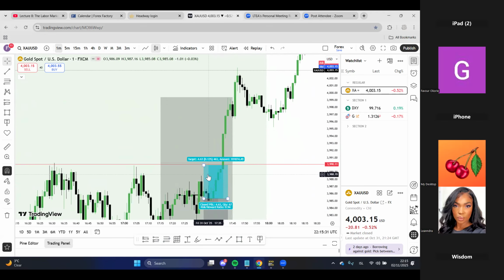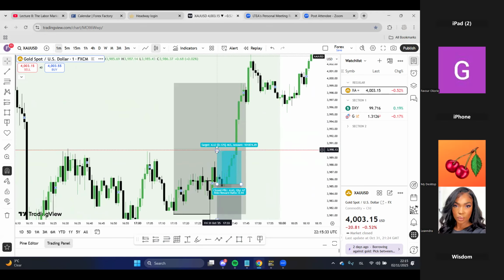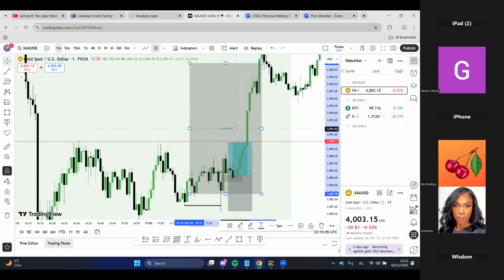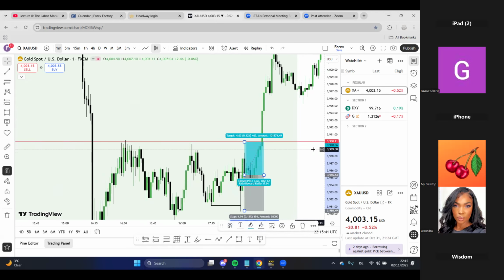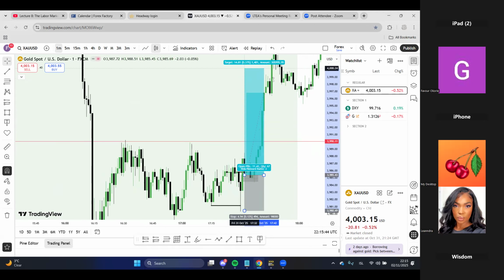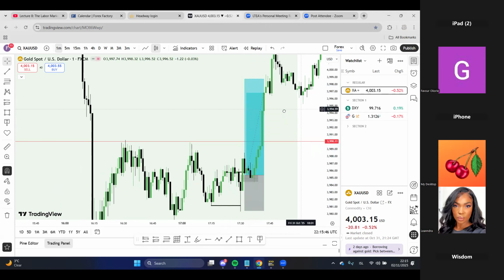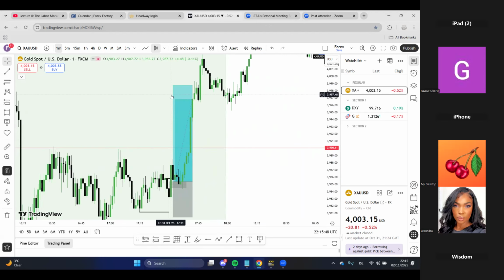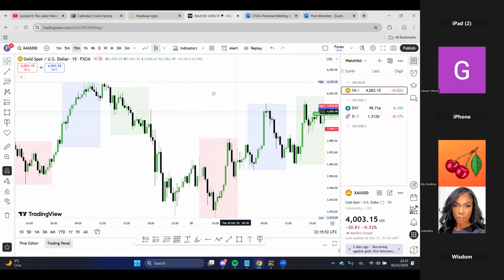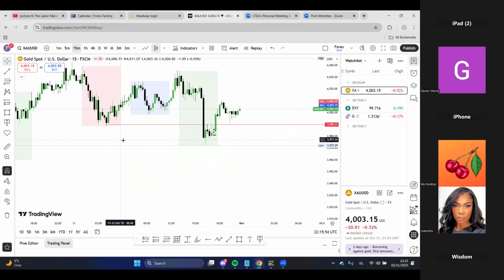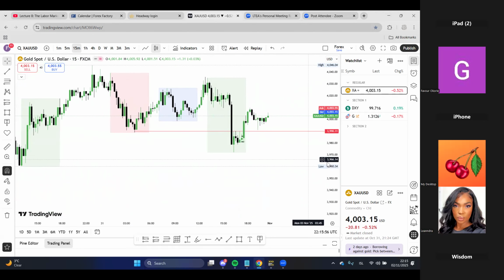Now, where did the price close? Price closes around this level, I think. Let me see the closing price of that 15 minutes candle. Okay, right here.